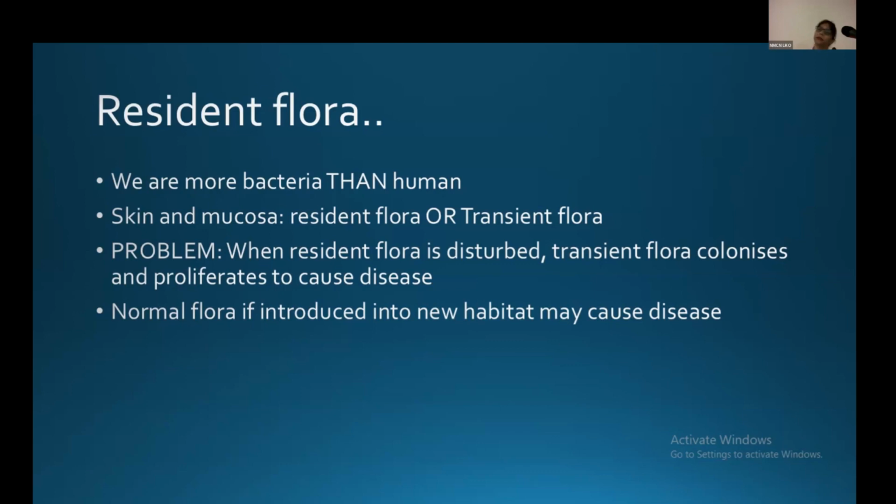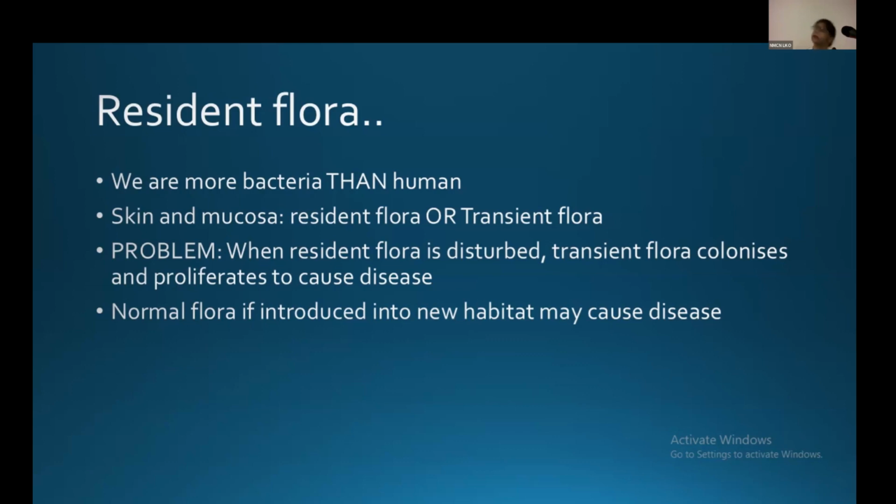Then there is a thing called transient flora. This is the microbiota which does not stay permanent. It rather persists for a few hours or days or weeks. Transient flora is acquired from the environment. It is not indigenous to the human skin and mucosa.